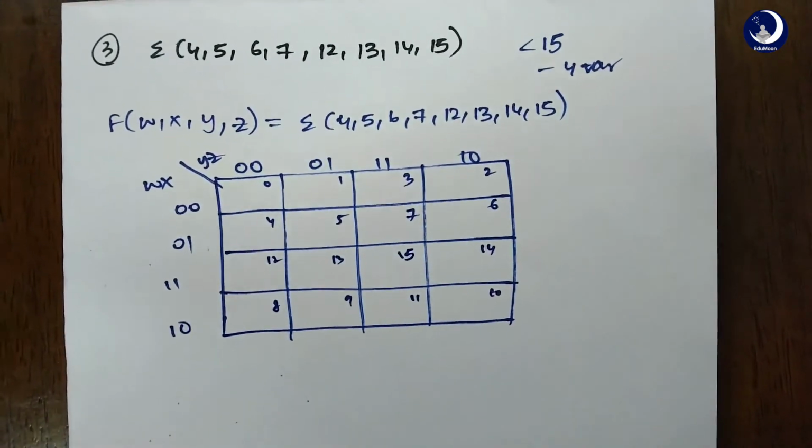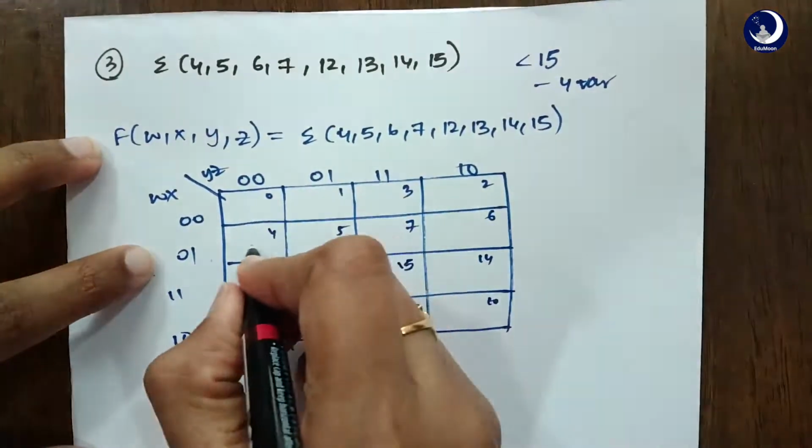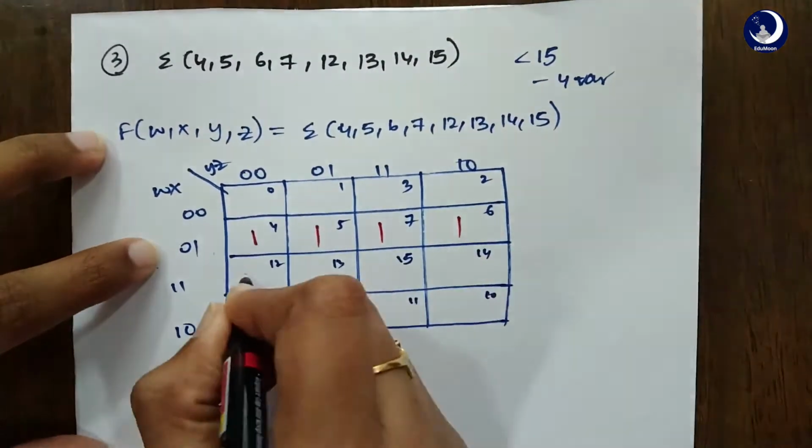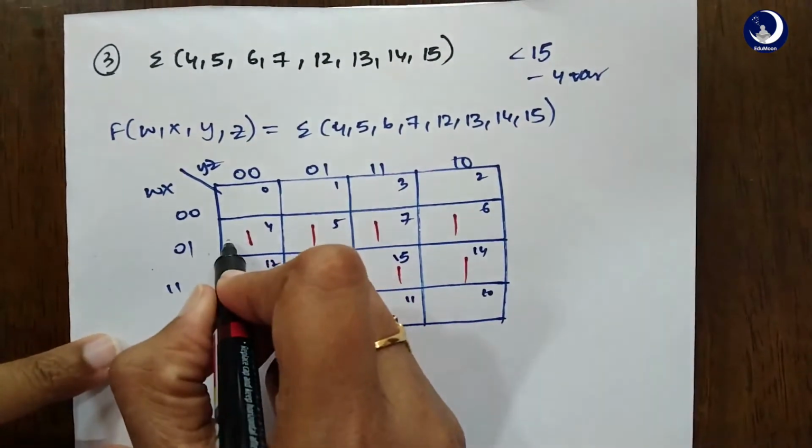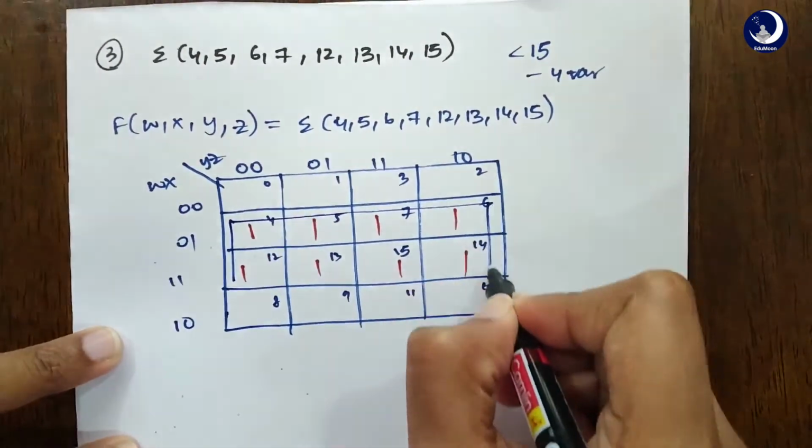After numbering these cells, we will start marking 4, 5, 6, 7, 12, 13, 14, 15. So this is so cool, right? You have an octet now.